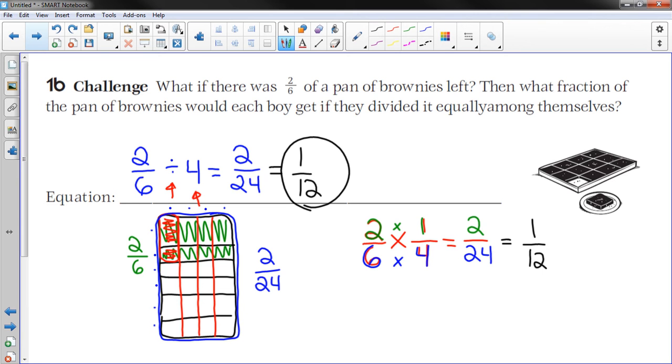That's your answer right there. I will accept 2/24, but try to simplify your answers if you can.